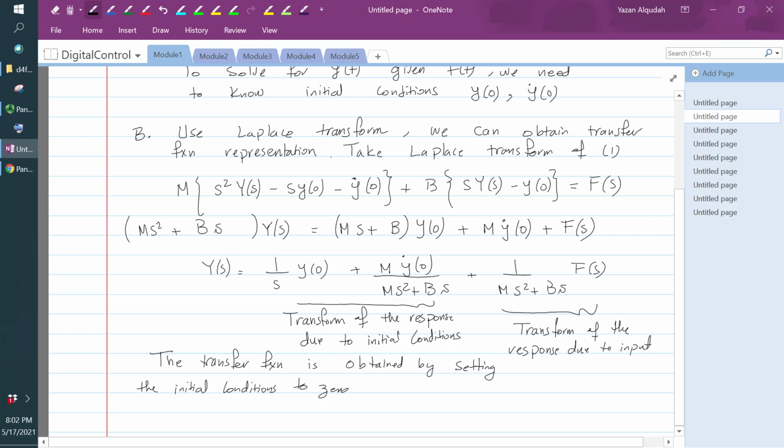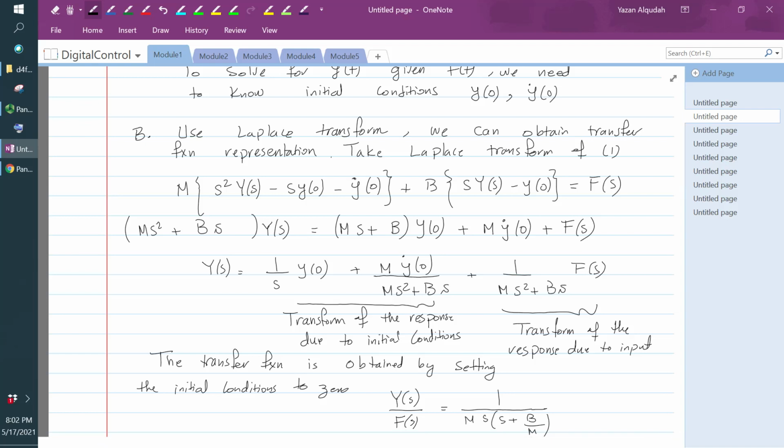And therefore, in this case, I'm going to have y of s divided by f of s equal to 1 over m multiplied by s multiplied by s plus b over m, which is 1 over ms squared plus b multiplied by s. Same thing.